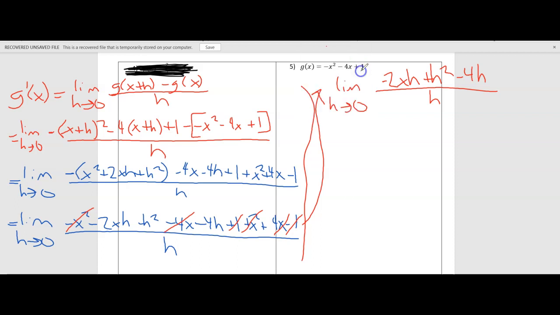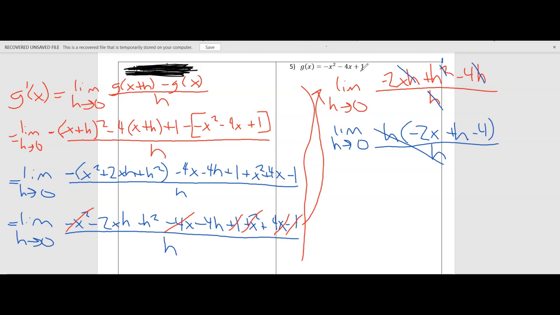So it's nice because each term here has an h, which means I can factor out an h from each term in the numerator and simplify with my denominator. You could do the in-between step where you have h and then inside parentheses minus 2x plus h minus 4. I didn't write that step initially because I think we know how to factor by now, but certainly feel free to write that out. And then you could simplify.